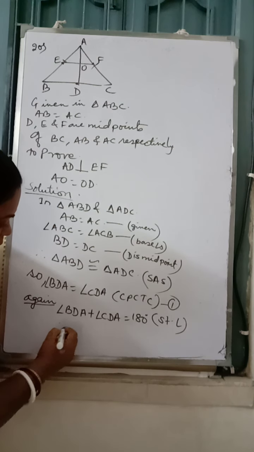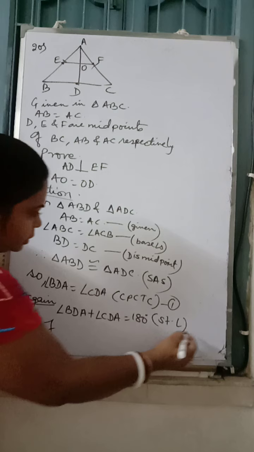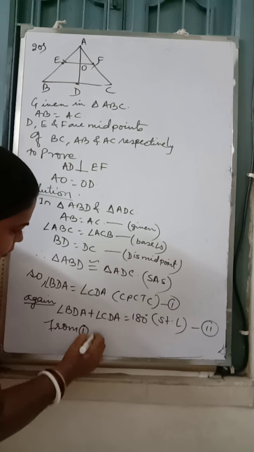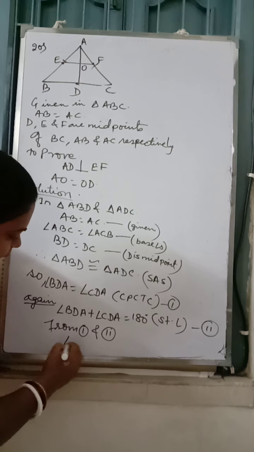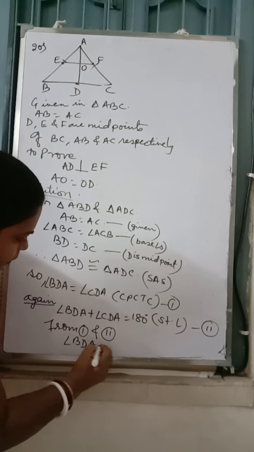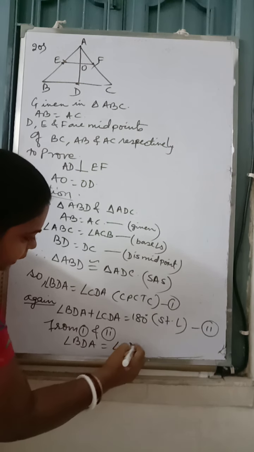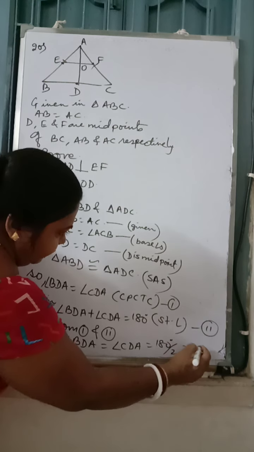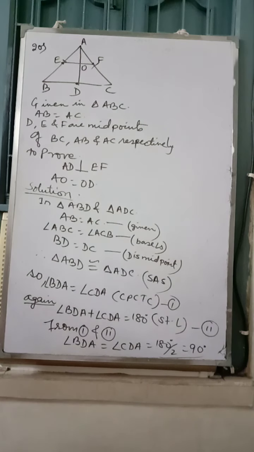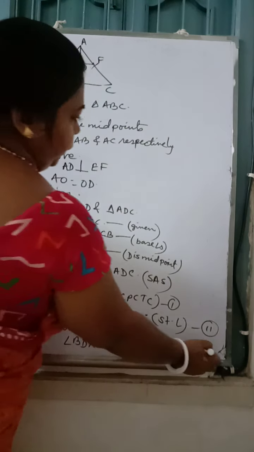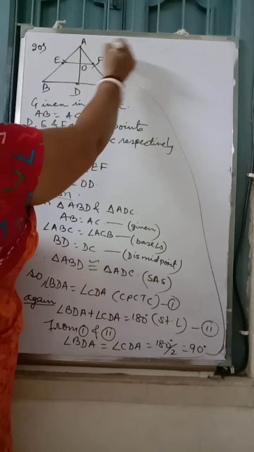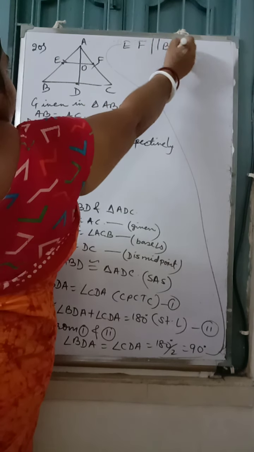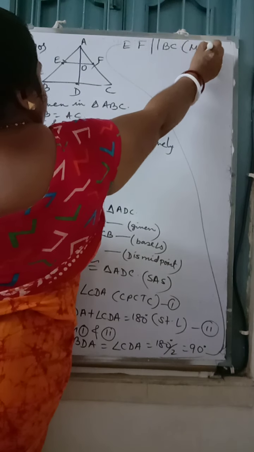So from 1 and 2, this is situation number 2. From 1 and 2, angle BDA is equal to angle CDA, which is 180 by 2, 90 degrees we got. Now what do we know? According to the midpoint theorem, EF is parallel to BC.